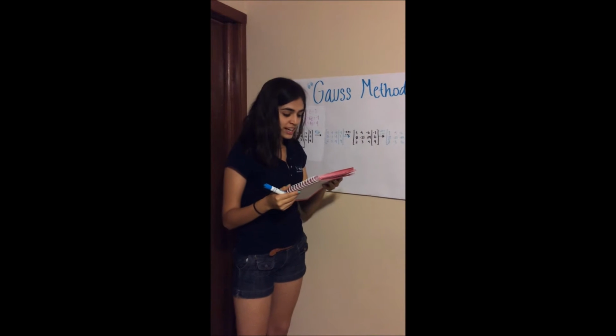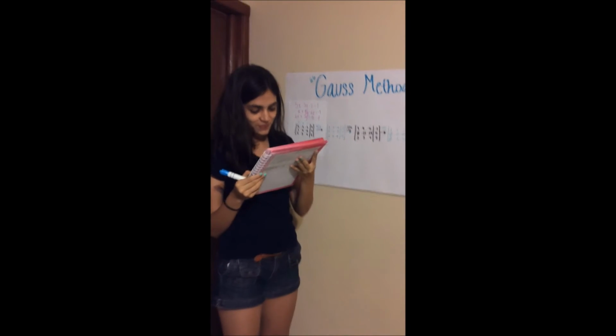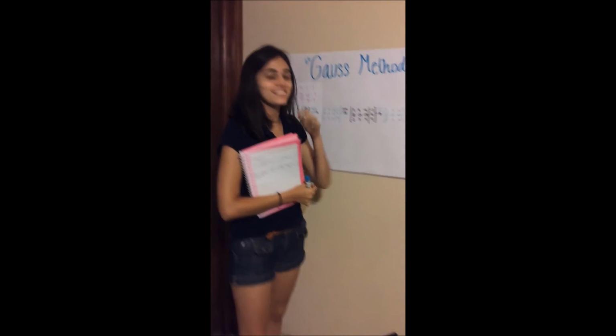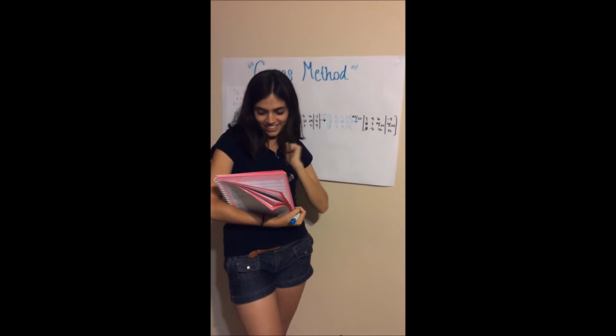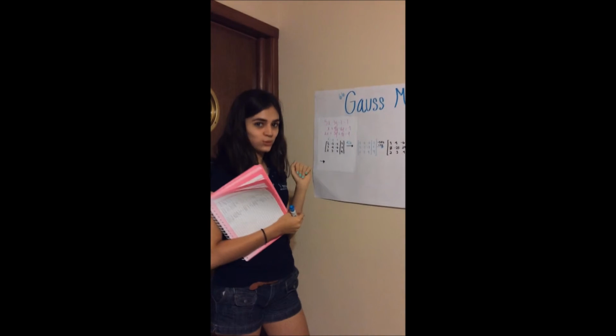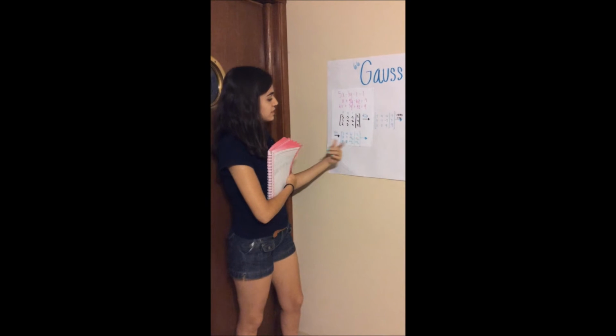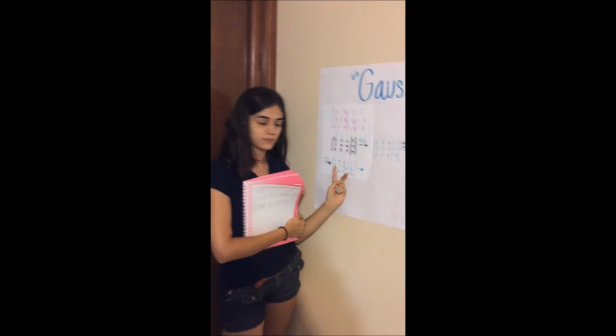So we are going to multiply row 2 times 5 and add it to row 3. What we got is this matrix.